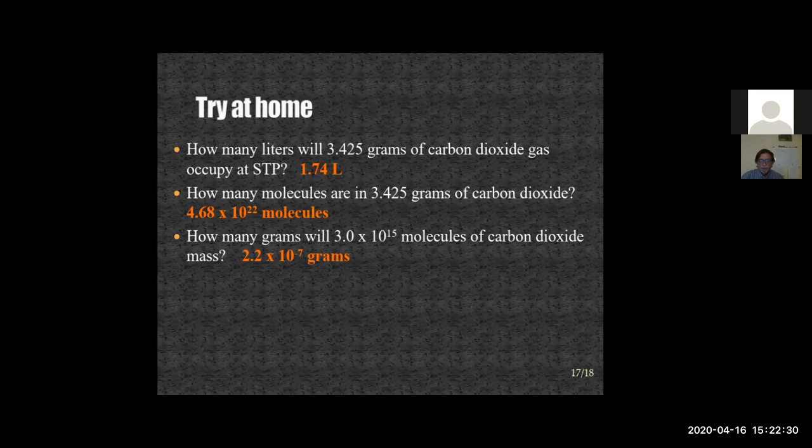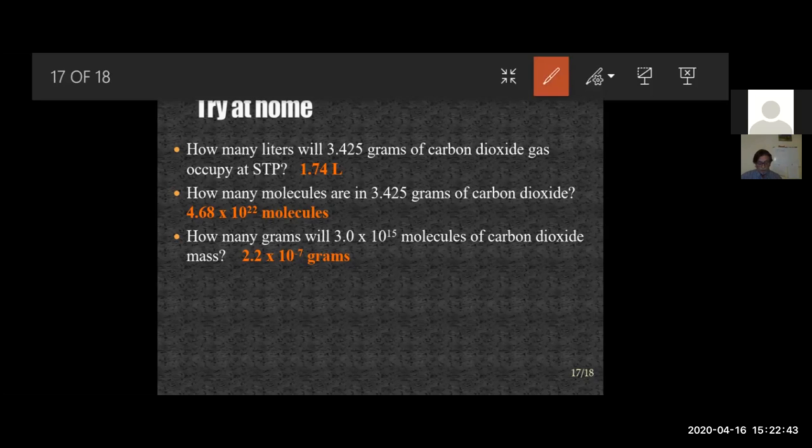Okay. First one is, how many liters will 3.425 grams of carbon dioxide occupy at STP? There you go. That's a good hint. STP is telling you, okay, I can use the relationship 22.4 liters per mole.